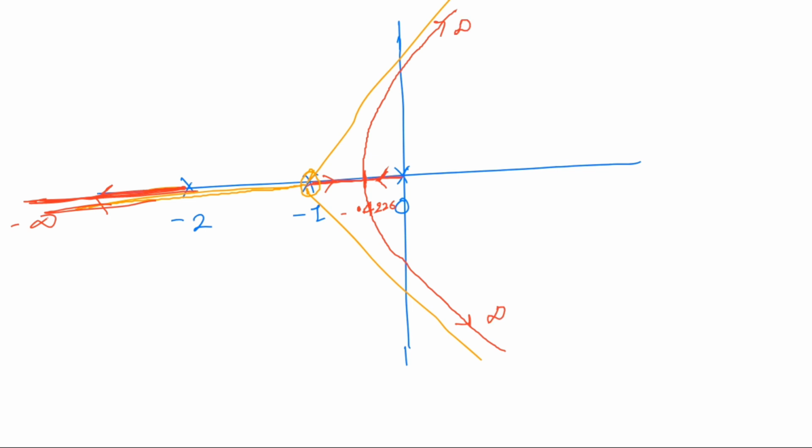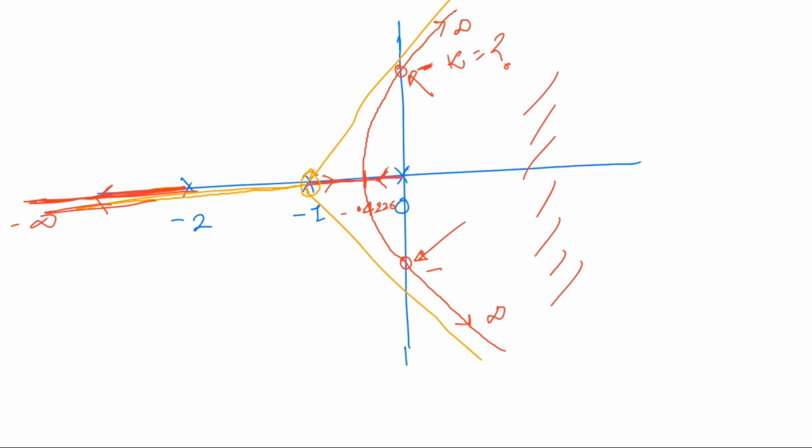Now we can see the loci going towards infinity along these asymptotic angles will definitely cross the imaginary axis and enter the positive half of the plane. So now we need to find out at which point they cut the imaginary axis and at what value of k the poles enter the positive half of the S-plane.